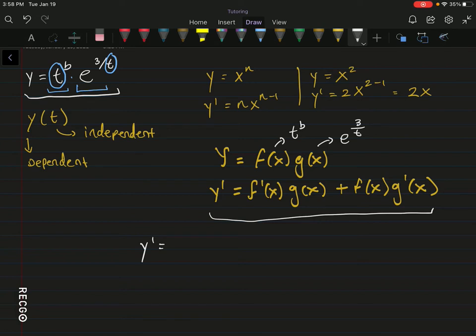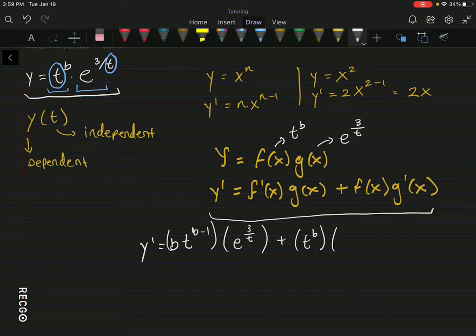So we bring the b down, and then the new power of t is going to be b minus 1, okay, times our g of x, unchanged, right, plus our f of x, unchanged, times the derivative of g of x.